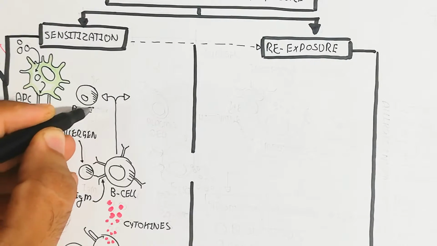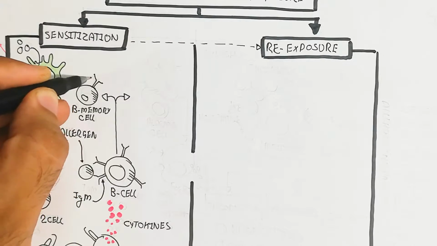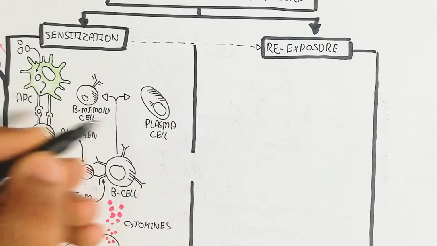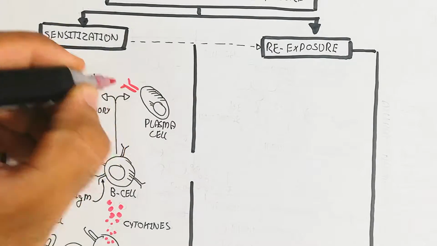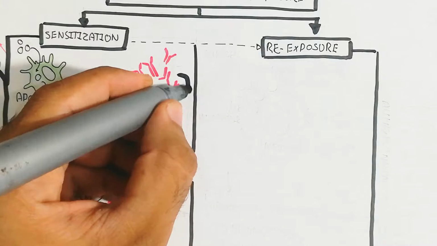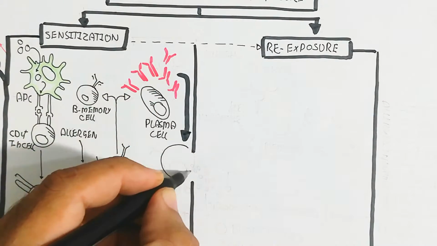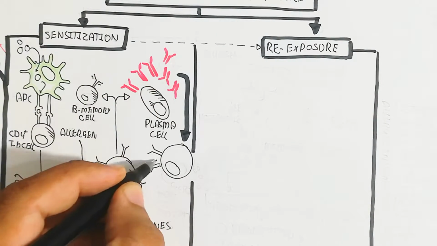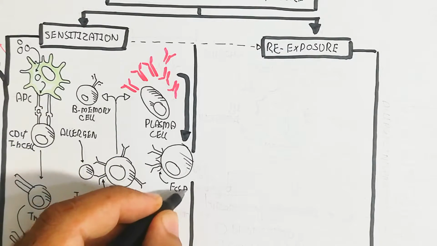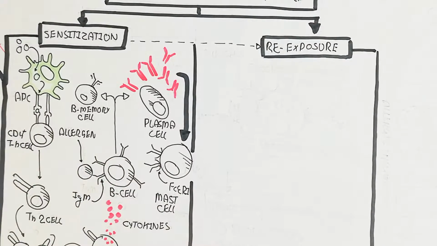In this way the B cell will proliferate into B memory cells and plasma cells, which you already know. The plasma cell produces a lot of immunoglobulin antibody, the IgE antibody, which binds with the FC epsilon receptor.